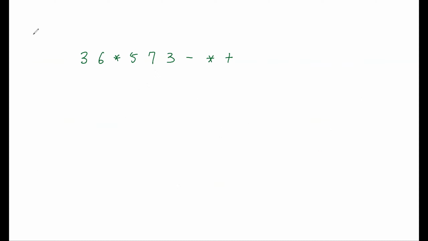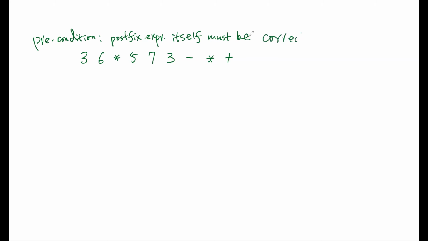But the precondition here is the postfix expression itself must be correct, because if it's wrong, the algorithm won't give the correct result. Be careful here. So let's review how we do this.